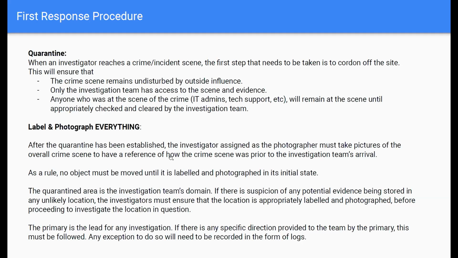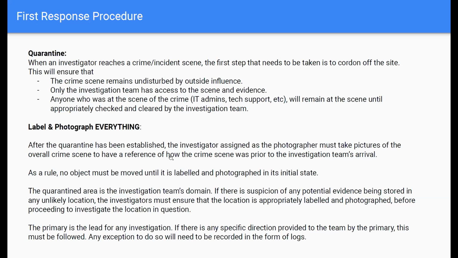Quarantining the site essentially makes sure that the crime scene remains undisturbed by outside influence, which means whatever you saw when you entered is what it will be when you start your investigation. Nobody can just come in, start moving things around, and potentially tamper with evidence. Because if somebody has a USB drive, for example, plugged into the server, they may want to grab it and run. But if they're not allowed inside the location, they can't do that. So it just helps keep the investigation site clean.